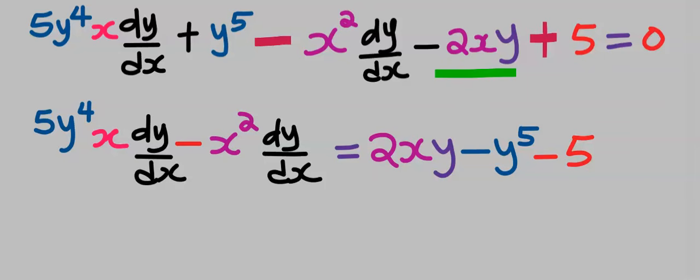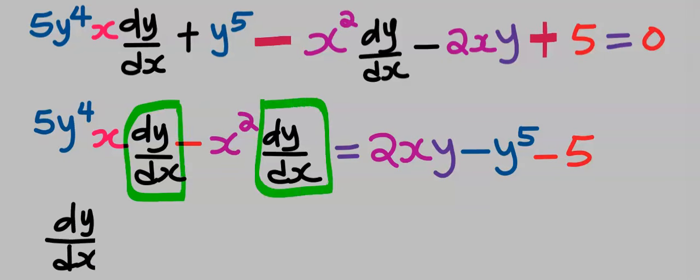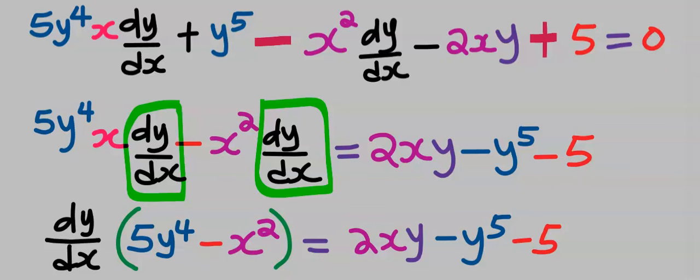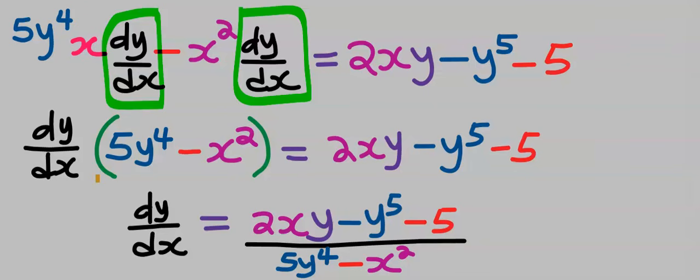Next, if this moves over, it will become a plus, and if this moves over, it will become a minus. And if plus 5 moves over, it becomes minus 5. Next, factorize dy dx out. Next, make dy dx the subject. When we move this across, it will divide. Hence, this is our dy dx.